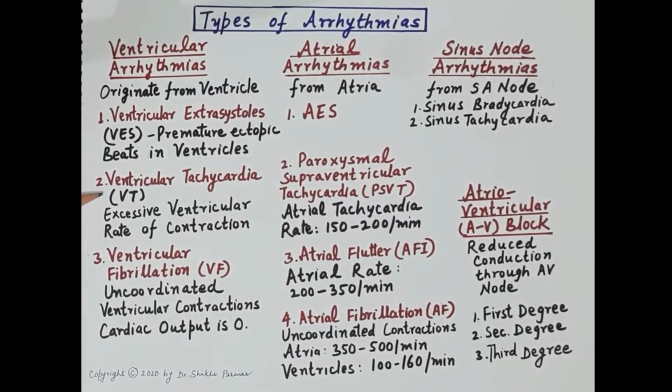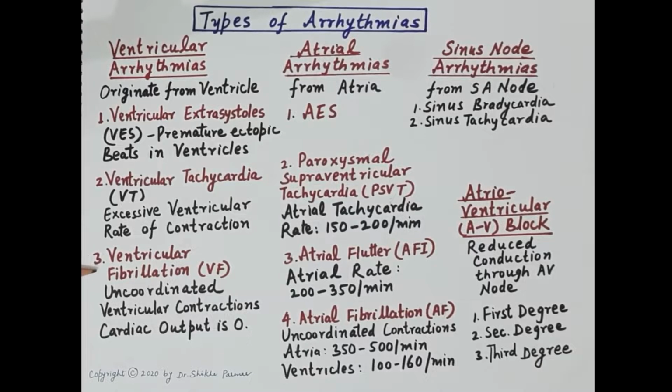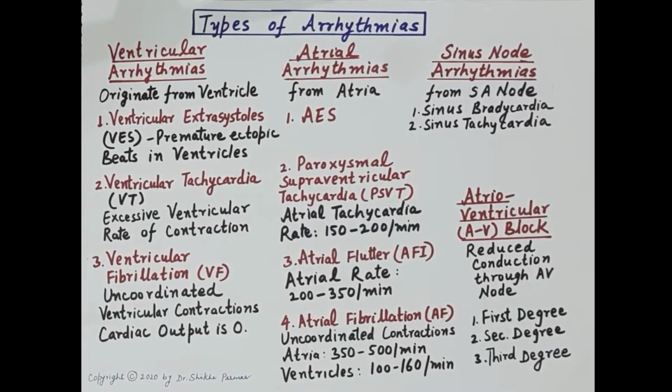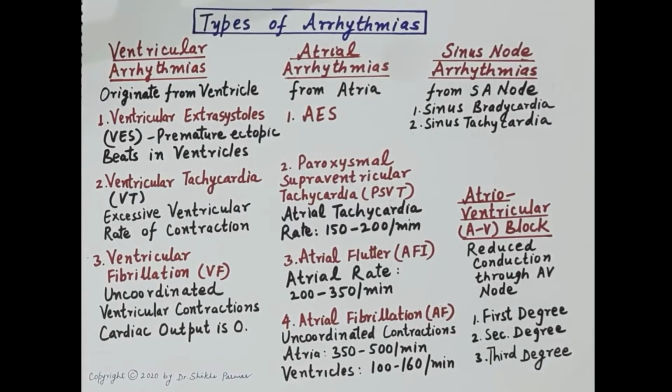Then ventricular tachycardia. There is excessive ventricular rate of contraction, more than 100 times per minute. Then ventricular fibrillation. In ventricular fibrillation there are uncoordinated ventricular contractions, and the arrhythmia is an emergency because the cardiac output falls to 0.